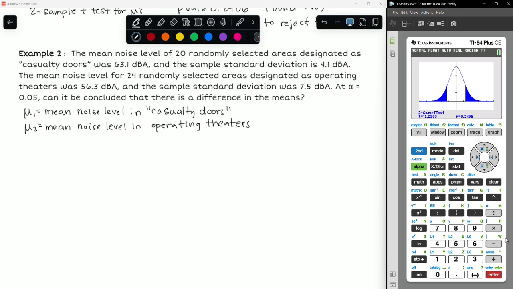I'm given a whole bunch of information. The very last sentence, I'm given the level of significance as 0.05. For casualty doors, I'm told that there was a random selection of 20 areas and that the mean for that area was 63.1 and that the standard deviation for the sample was 4.1.